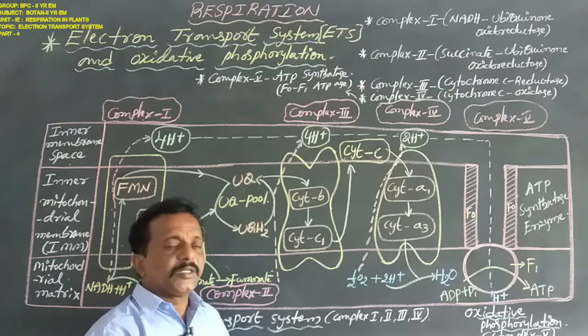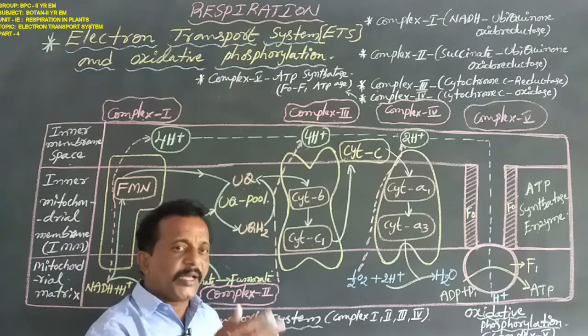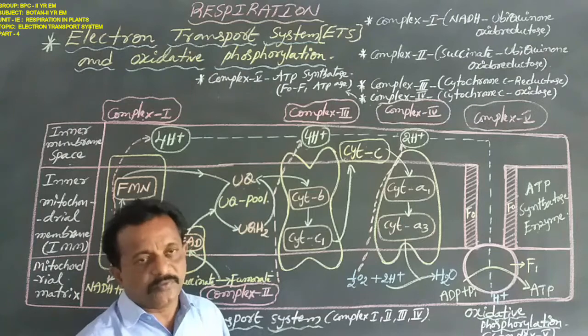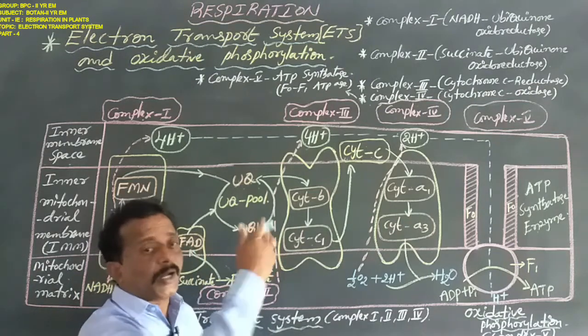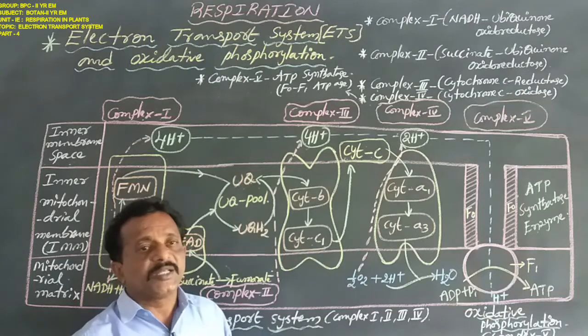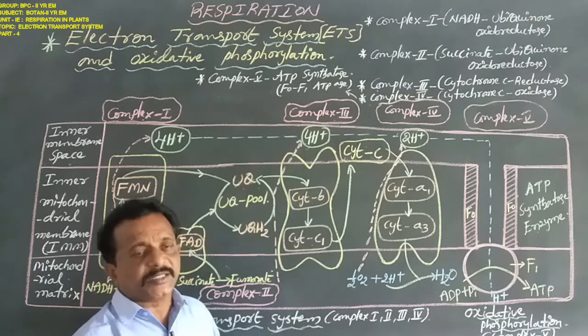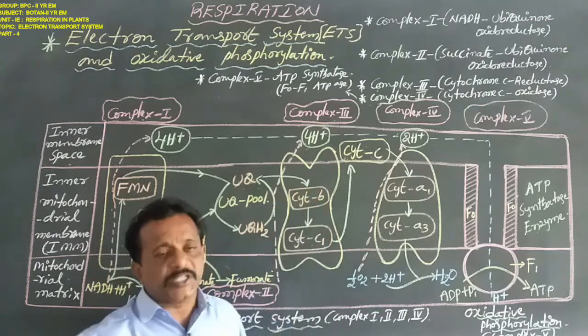Anyhow, in any process, photosynthesis or respiration, electrons move from one carrier to another with the help of a cytochrome complex, mainly cytochrome BC1. But in respiration, this is mainly replaced with cytochrome C.